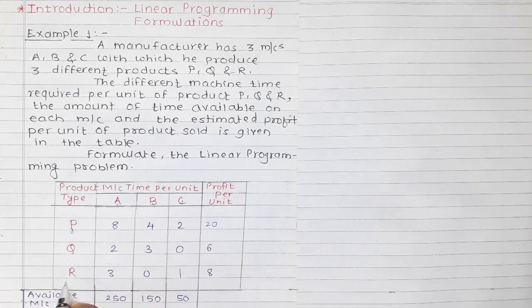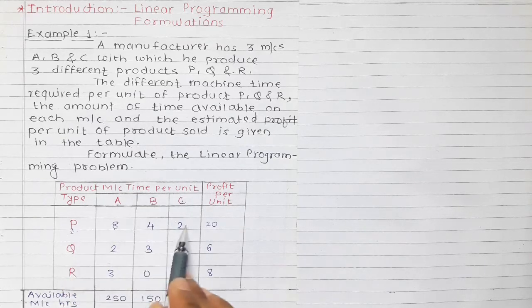Similarly, to produce 1 unit of product R, we have to process it for 3 hours on machine A, 0 hours on machine B and 1 hour on machine C. That means here machine B is not used for product R, only machine A and machine C are used.